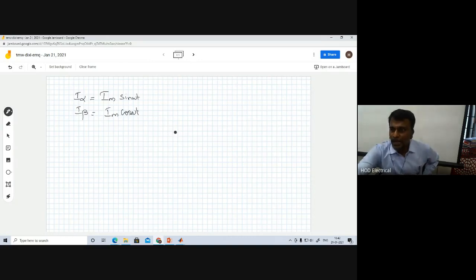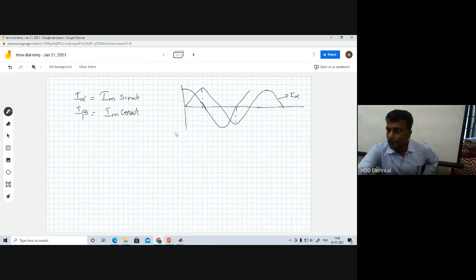That means Im into sine omega t is this waveform for I alpha, and I beta is Im cos omega t. So it will start from here and it will be here. So we have this equation like this, and this is for I beta.